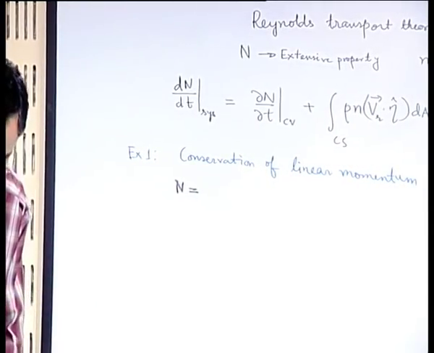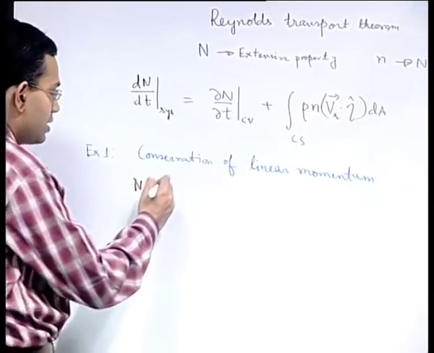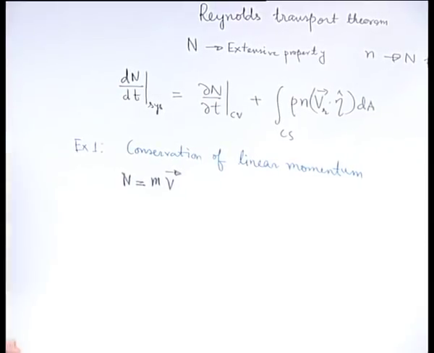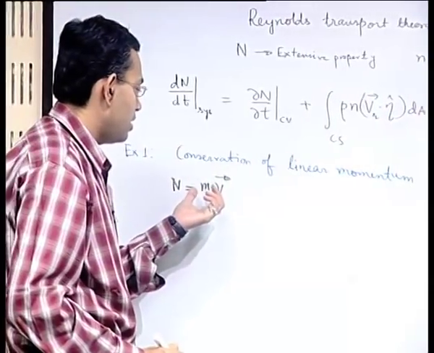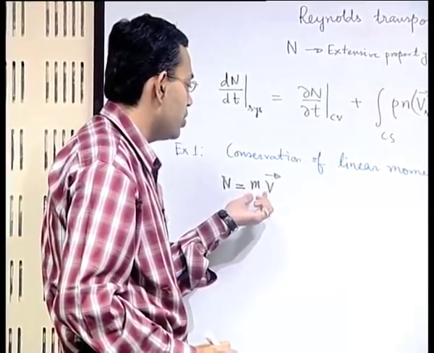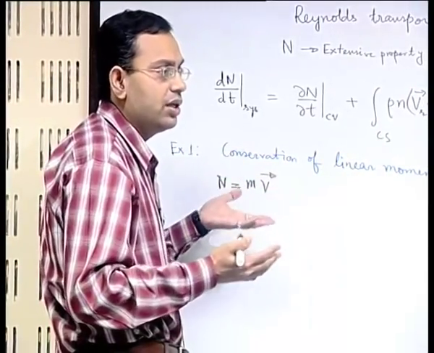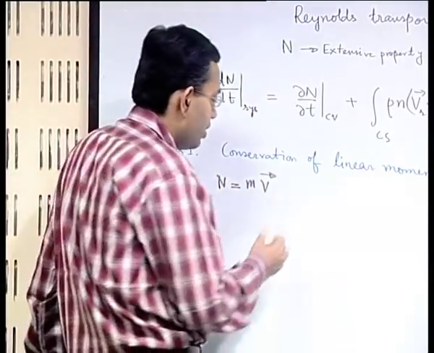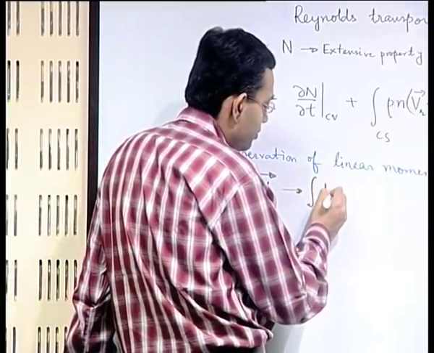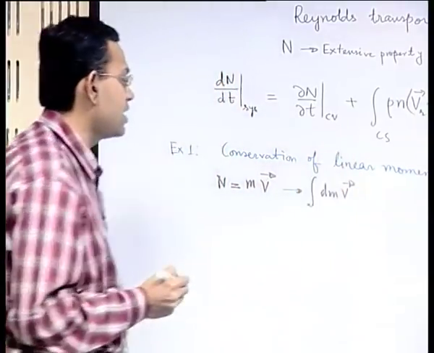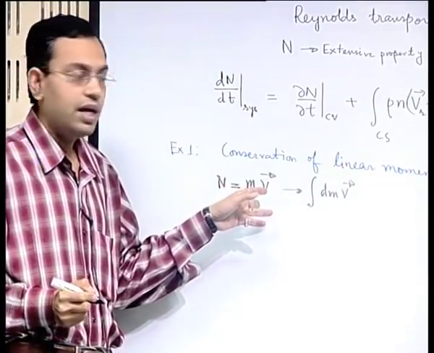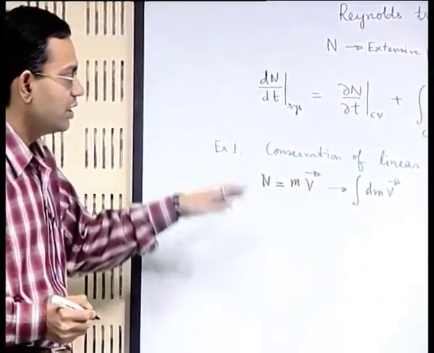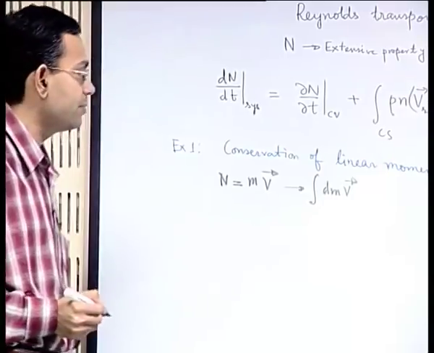N is the linear momentum of the system, that is m into v. For a fluid, or even for any deformable body, you may have different v at different locations, so you can also write it as the integral of dm v, but just for simplicity we write it as m v, where you can represent this v as v of the center of mass or something like that.